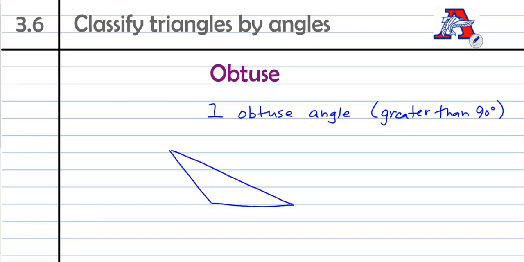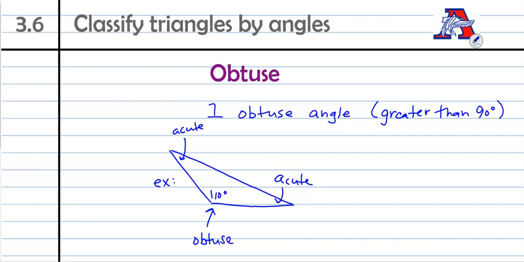So maybe something like this, and I'm going to say this angle down here is like 110 degrees, for example. These 2 are still going to be acute, but you're going to have that one angle, which is obtuse.